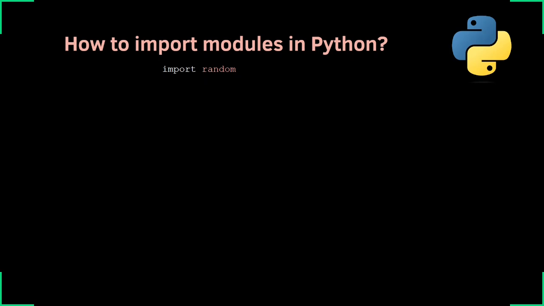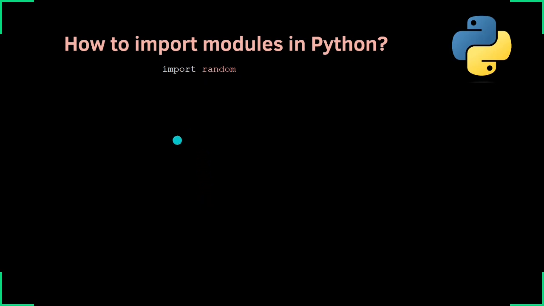So random could be a .py Python file, and there could be multiple functions or variables declared within that random.py file. When you do import random like this, it doesn't necessarily import or add the name of each of those functions defined within that module directly into your current namespace.